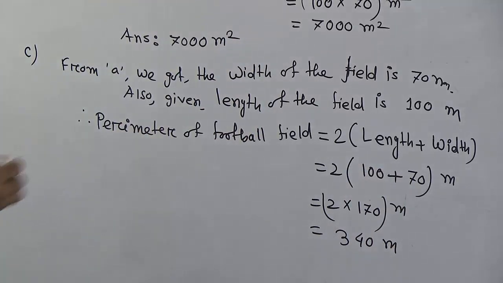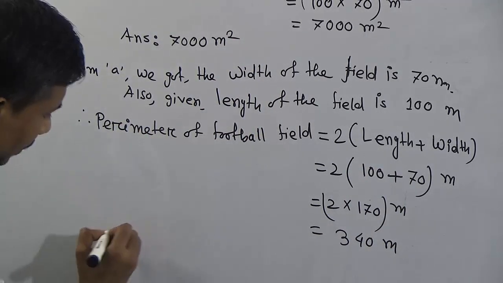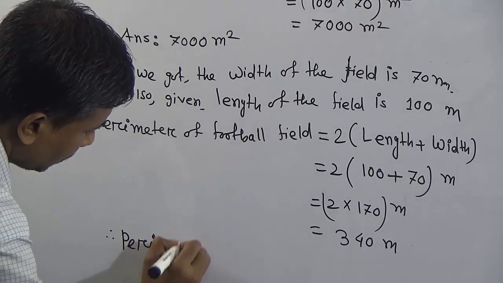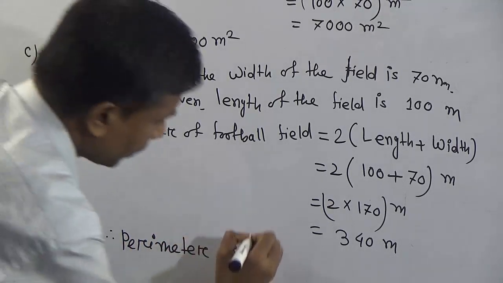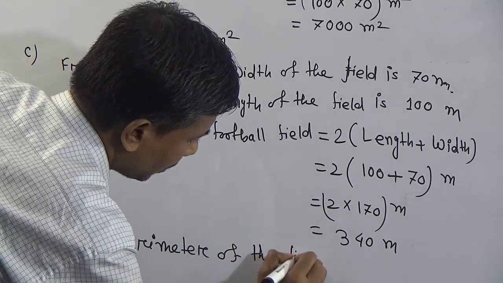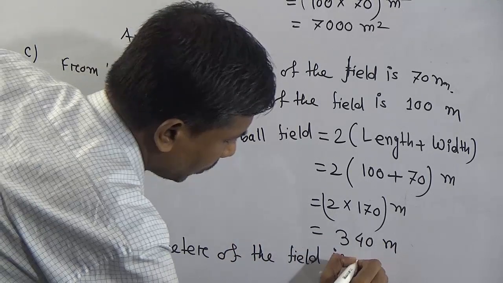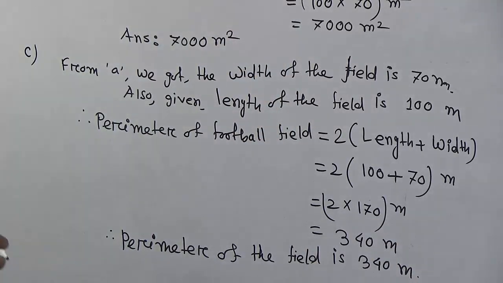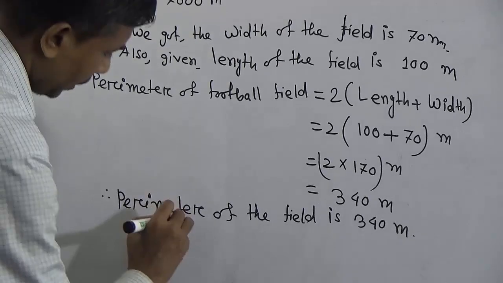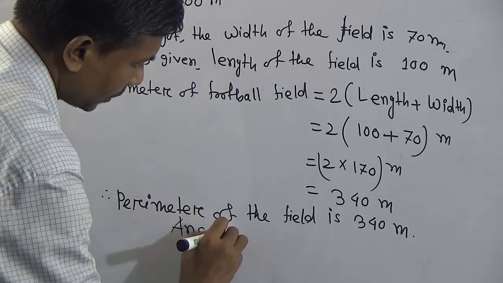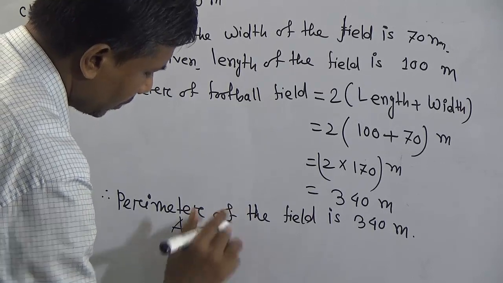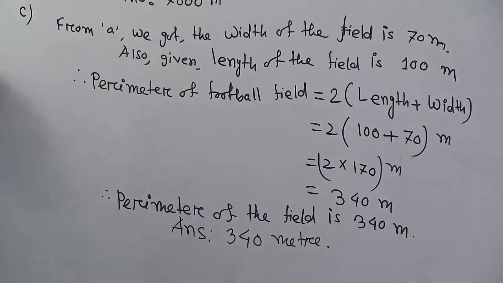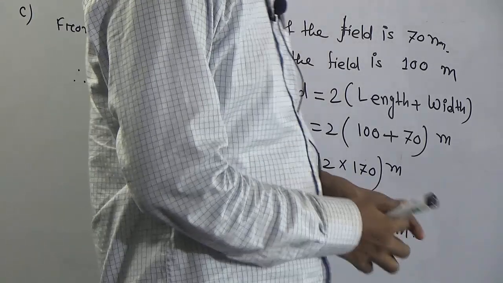Okay, therefore the perimeter of the field is 340 meters, and this is the answer. Right answer: 340 meters. Okay student, now look at question number 2.